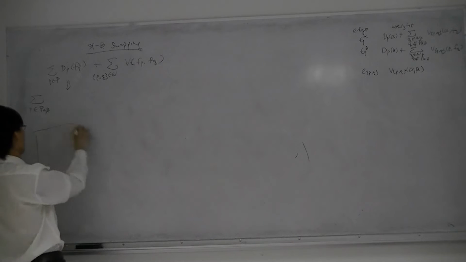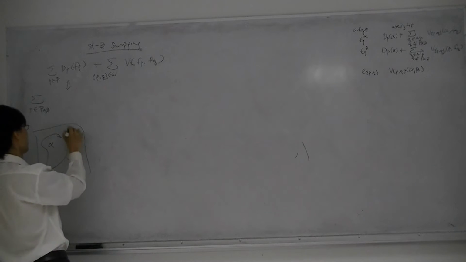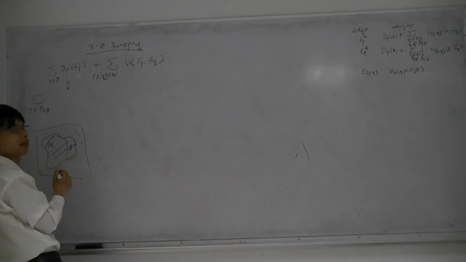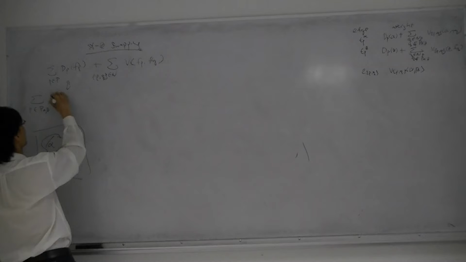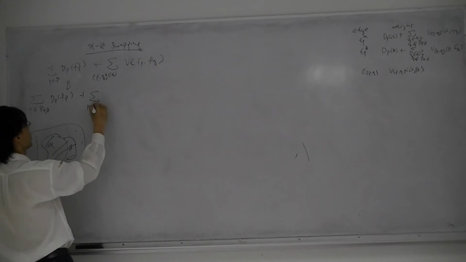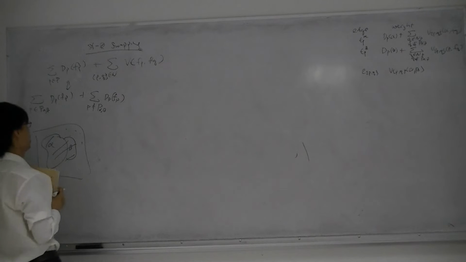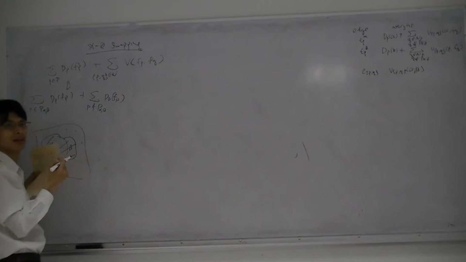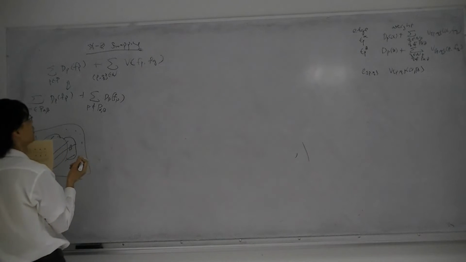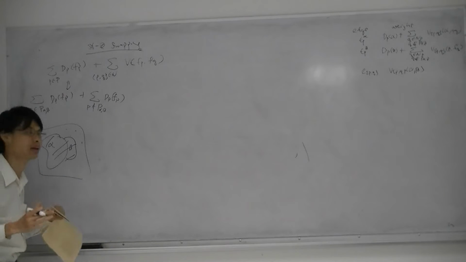So if this is alpha, this is beta, this is something else, then P alpha beta is all these pixels here. And of course I can split this sum of dp fp into the p that is in alpha beta and the p that is not in alpha beta. This part I don't care about, it doesn't do anything for the moment if I restrict myself to only consider alpha and beta and try to swap them.